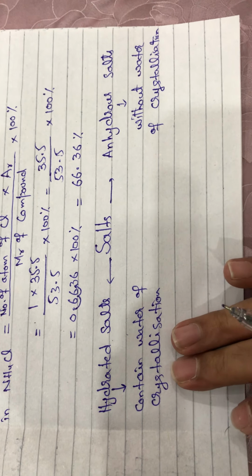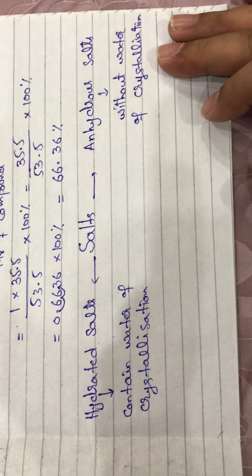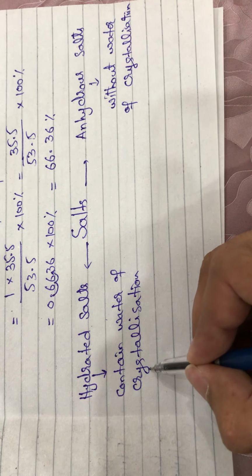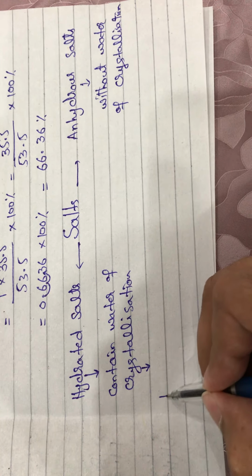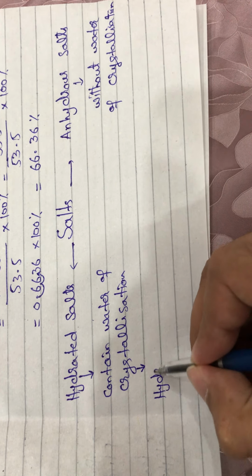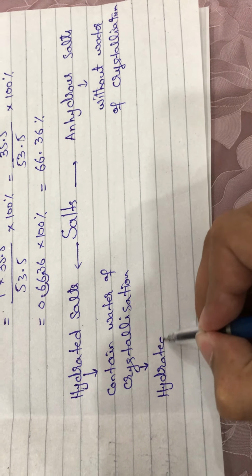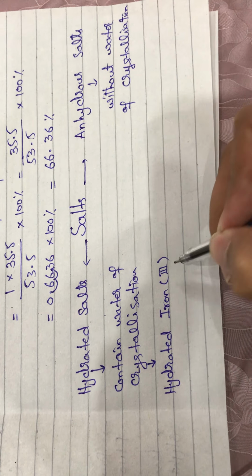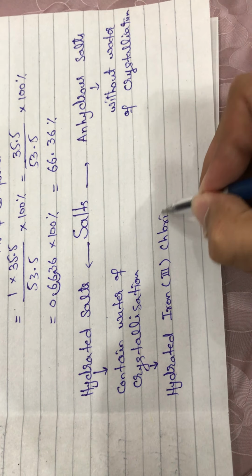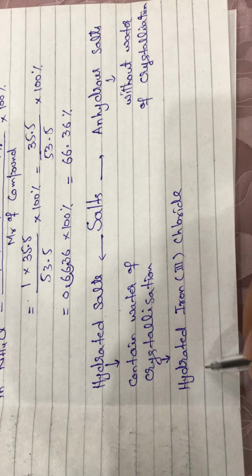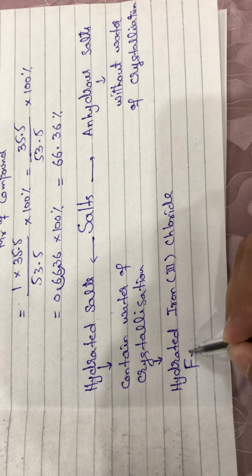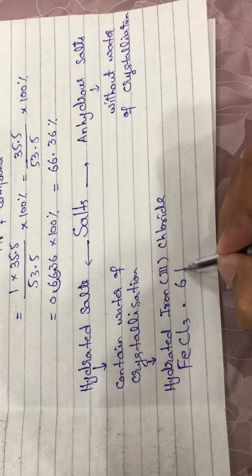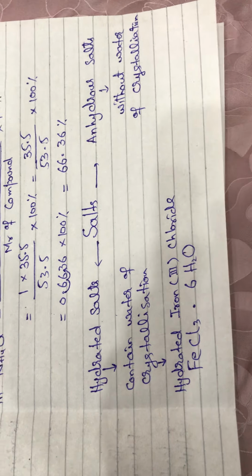So with water of crystallization and without water of crystallization, we are considering an example of a hydrated salt, that is hydrated iron 3 chloride, and its formula is FeCl3·6H2O.